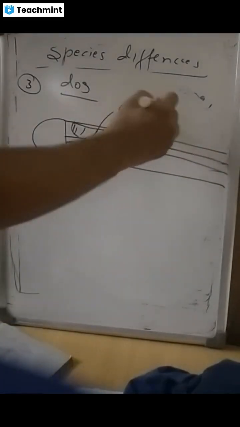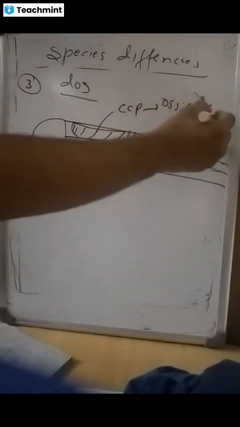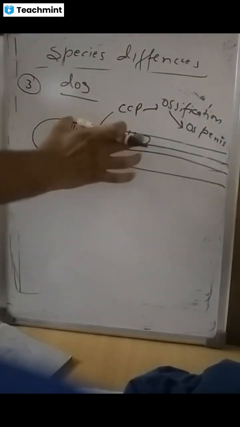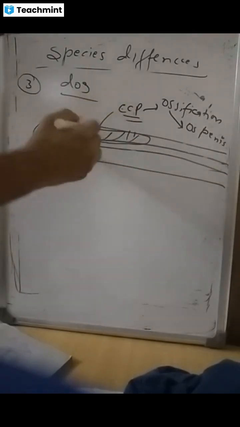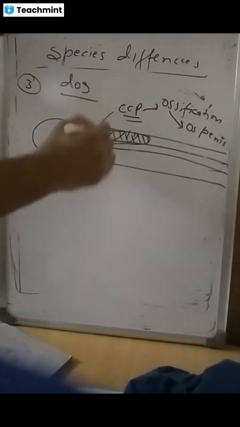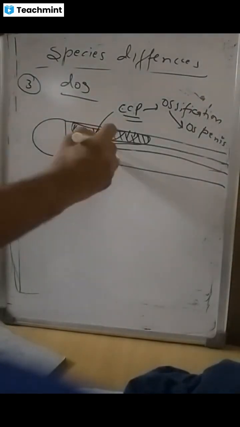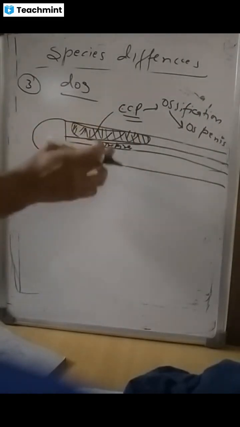This will undergo ossification, and that may lead to formation of os penis. So because of the corpus cavernosum undergoing ossification, that may lead to formation of os penis. So the position of the urethra is just below the bone.